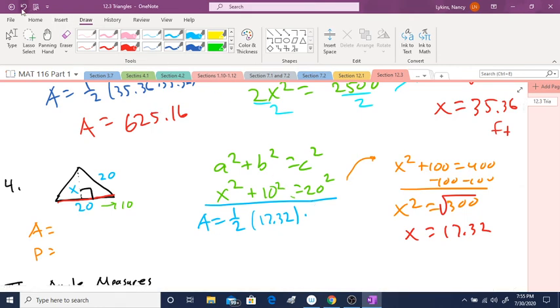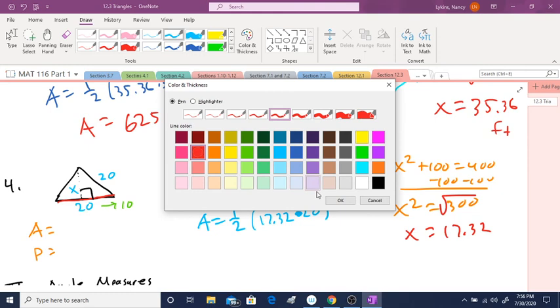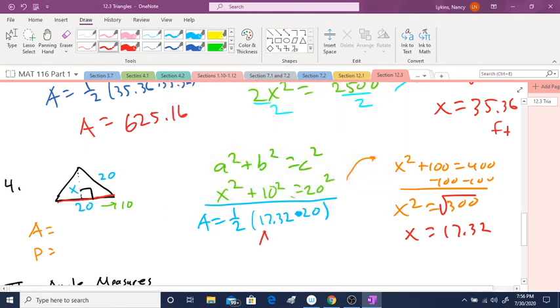And I'm multiplying it by 20. Which I find the area to be 173.2.